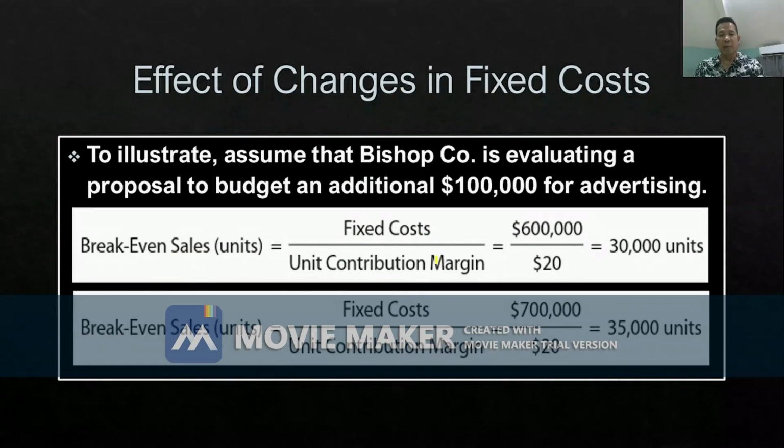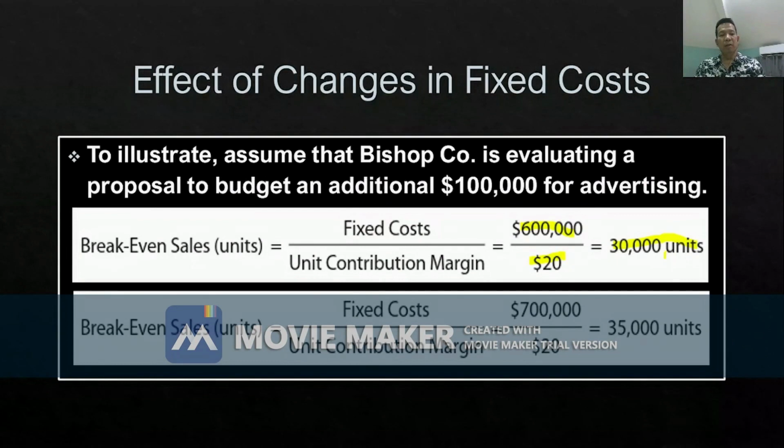So, sa present na budget nila, 600,000 divided by the unit contribution margin of $20. So, mayroon siyang break-even sales in units of 30,000 units.